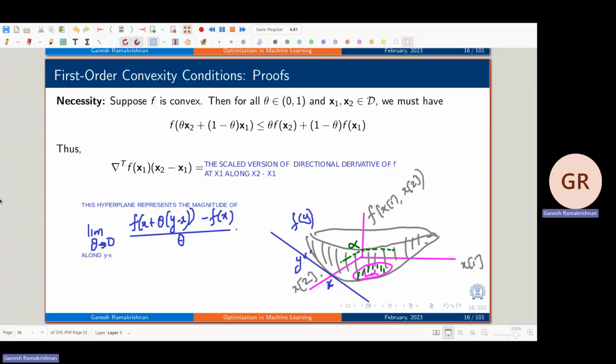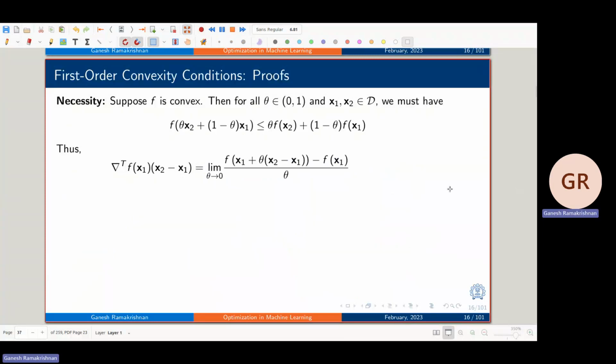Now how do you get to proving necessity? Actually, sorry, I have to do one more thing: I have to take the limit as theta tends to 0. The limit as theta tends to 0 of this expression will be what?